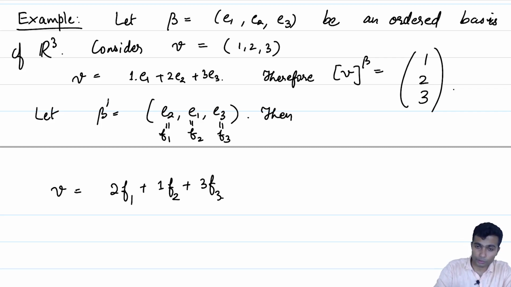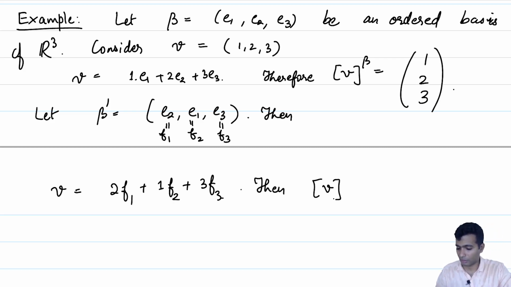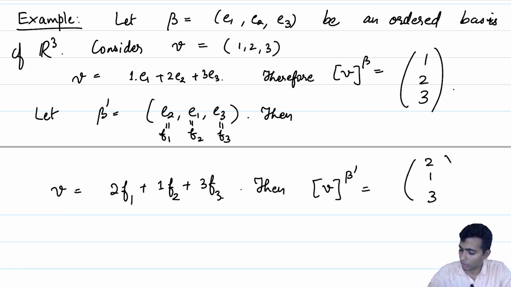I have just changed beta to beta prime here because beta was already taken. Then our coordinate vector of v with respect to beta prime will be given by 2, 1, 3. Note that this and this are not the same.